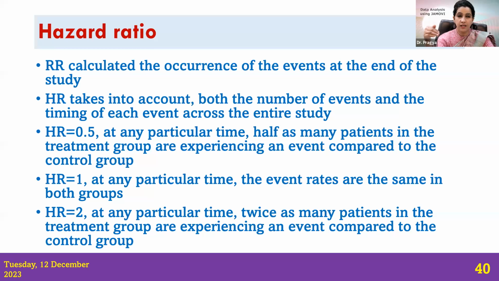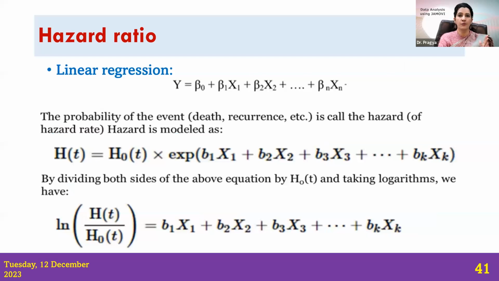If the hazard ratio is 1, then the event rates are the same in both groups. And if the hazard ratio is 2, then at any particular time, twice as many patients in the treatment group are experiencing an event as compared to the control group. So this is in terms of a ratio. If you want to express it as a percentage, you can also do that.